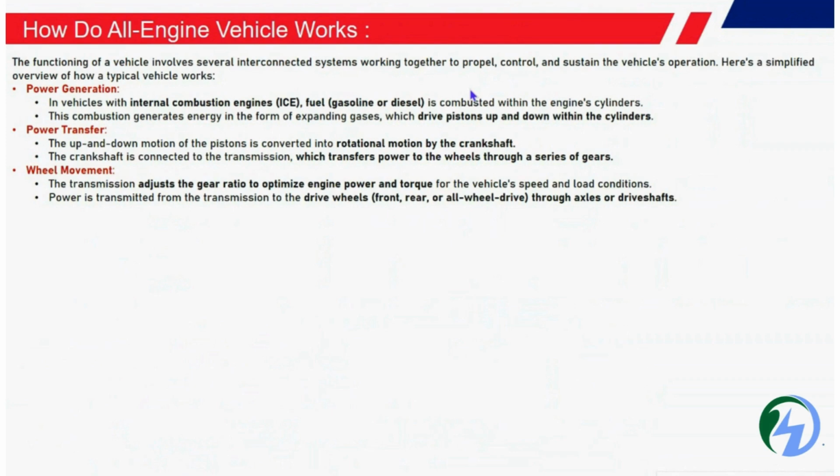If you give more acceleration, more power will be generated, and the more power it generates, the more speed you get. And the power is transmitted from the transmission to the drive, whether front, rear, or all wheel drive, through different axles or the drive shafts.